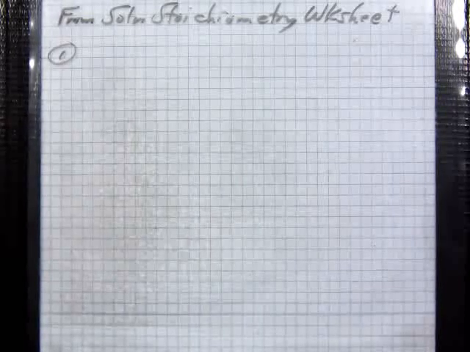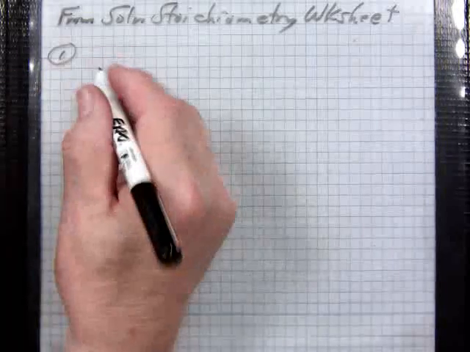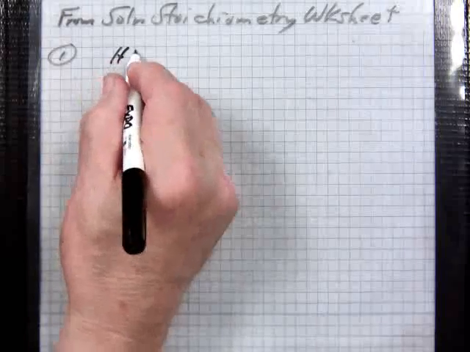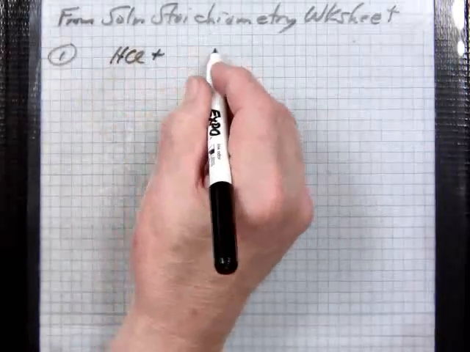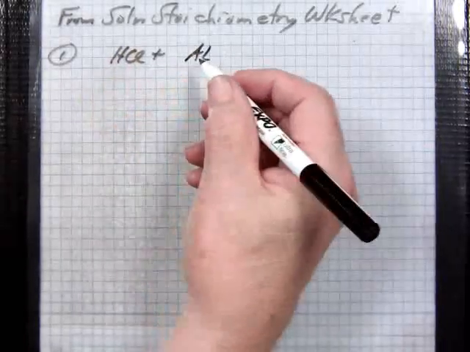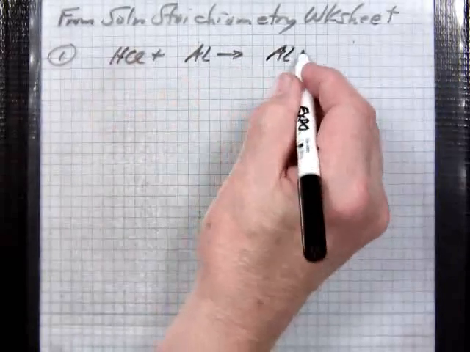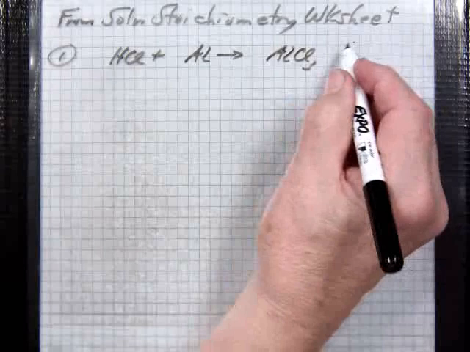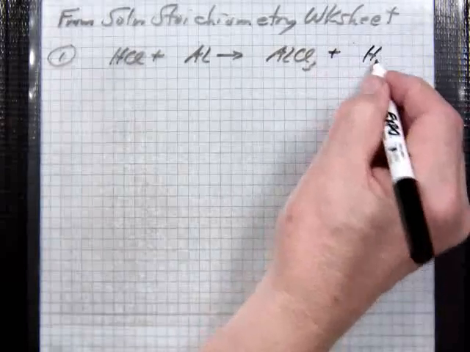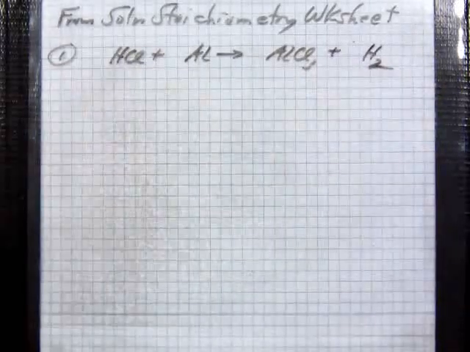Well, that's the same kind of problem, except we're talking about grams now. On one side is what we're looking for, a product item. So here's our HCl, and we want to react that with aluminum, and that's going to make aluminum chloride and molecular hydrogen. So it's making you balance the equation now.